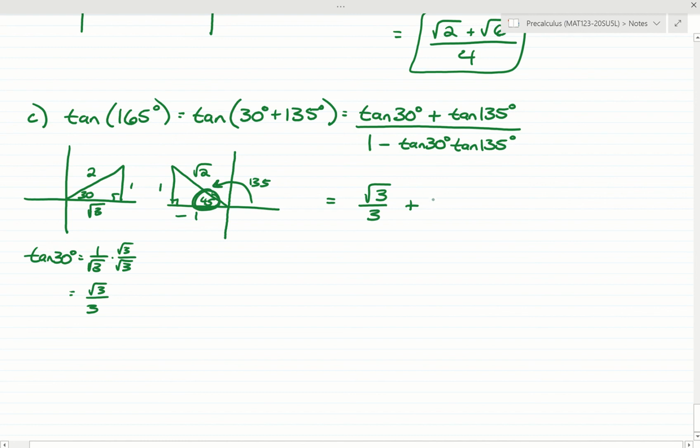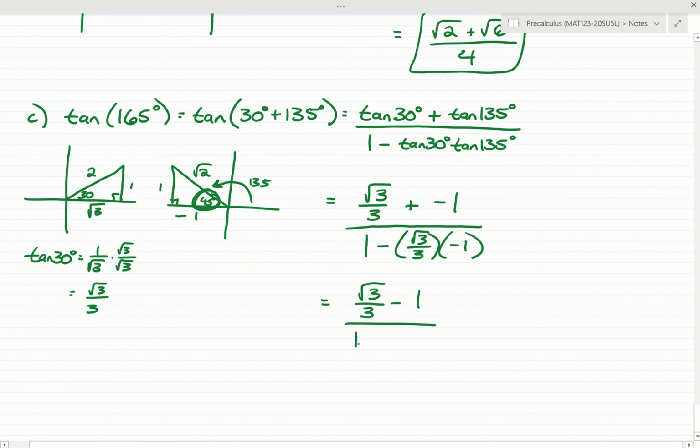Opposite over adjacent is negative 1, over 1 minus the tangent of 30 times the tangent of 135. What I'm going to do now is simplify root 3 over 3 minus 1 over 1 plus root 3 over 3.